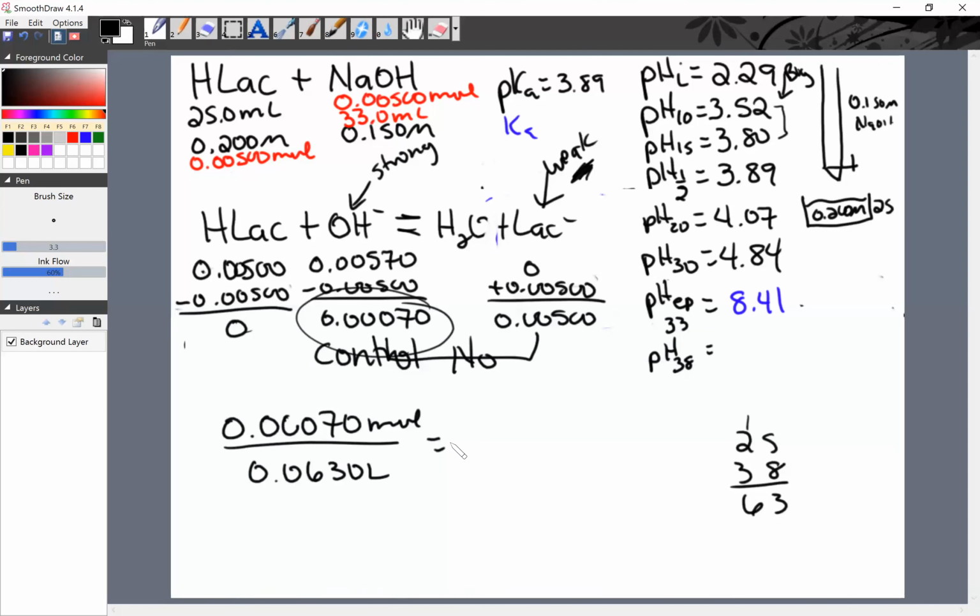So my new molarity is 1.11 times 10 to the -5th, and take the negative log of that. I've got 4.95. And I remember taking the negative log of a hydroxide is a pOH, and so the pH is 14 minus that, which is 9.05.